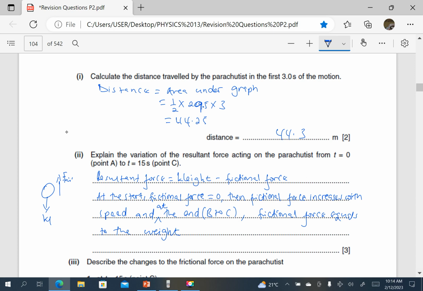Thus, the resultant force becomes zero. When the frictional force starts increasing, the resultant force actually decreases. And then at the end, that is B to C, where the frictional force equals the weight, the resultant force becomes zero. As simple as that. Okay.